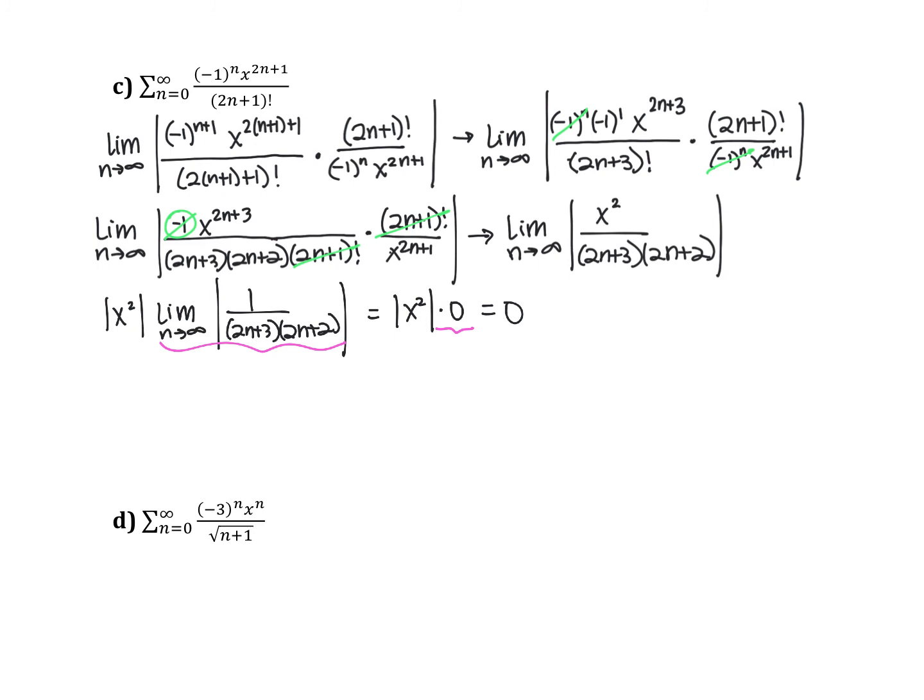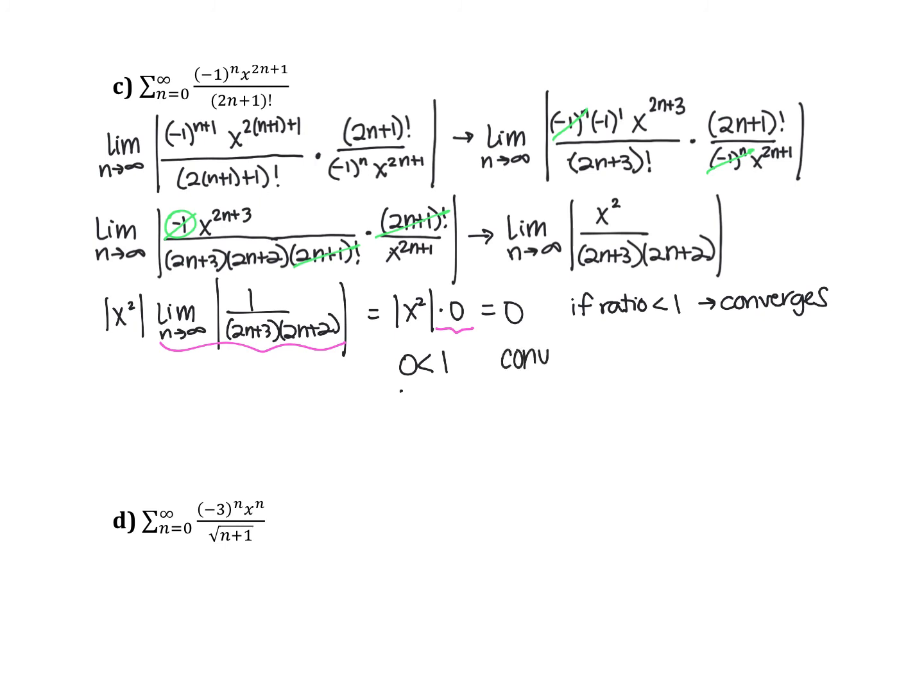Okay, well, tell me what that means. We know that the ratio test converges if the ratio is less than 1. So if the ratio is less than 1, it converges. Is 0 less than 1? 0 is less than 1 all the time. It's always less than 1.